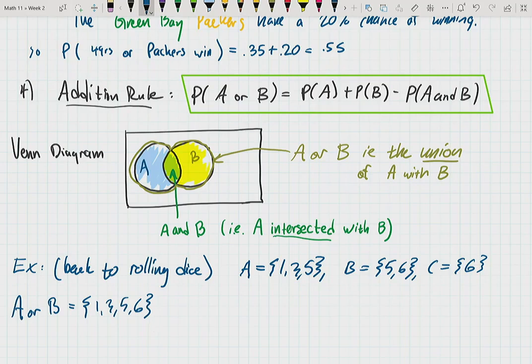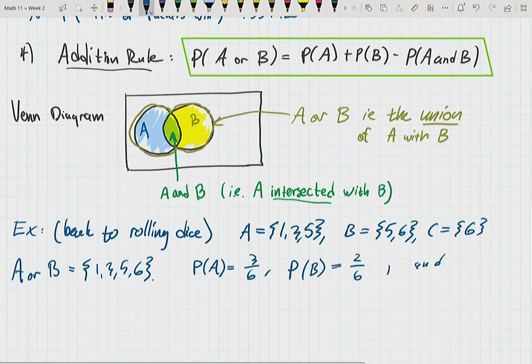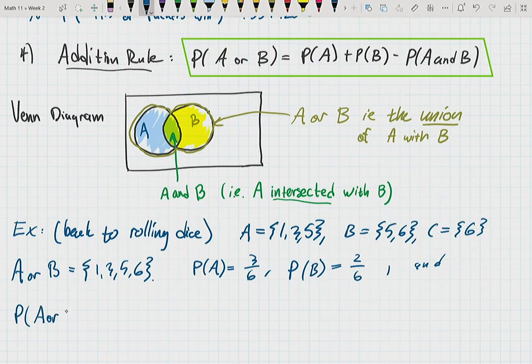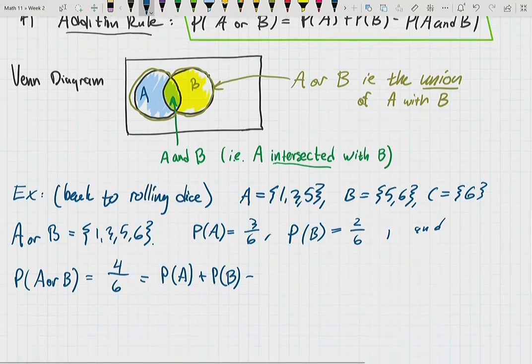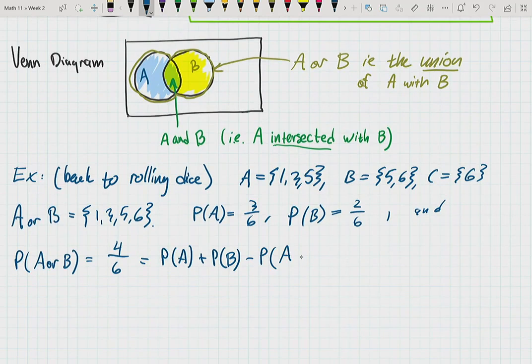Okay, so the probability of A we already computed was 3 out of 6. The probability of B, again, we already saw was 2 out of 6. And you can see from the fact that it has 4 elements that the probability of A or B will be 4 out of 6, which is exactly probability of A plus probability of B minus, oh, wait, I still need to calculate one, which is A and B, since the only thing that's both in A and B is the element 5.